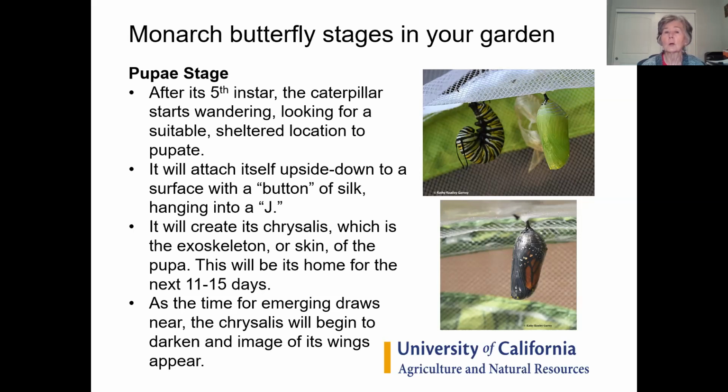It will create this chrysalis, which is essentially an exoskeleton or skin of the pupa. This will be its home for the next 11 to 15 days, where it basically liquefies and comes all back together again. As the time for emerging draws near, the chrysalis will begin to darken and the image of its wings will appear.